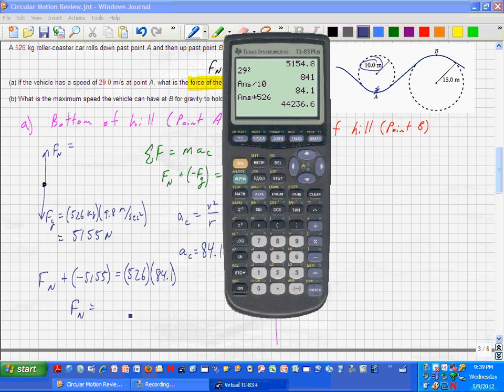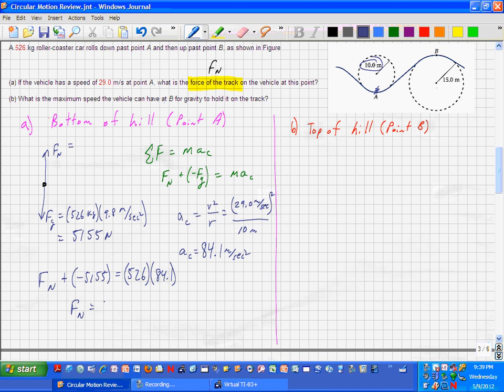And it's going to be 44,237 newtons plus 5,155. I'm going to add 5,155 to both sides. So I get the normal force, which is the force supplied by the track. As we can see, that would be the normal force from the surface.